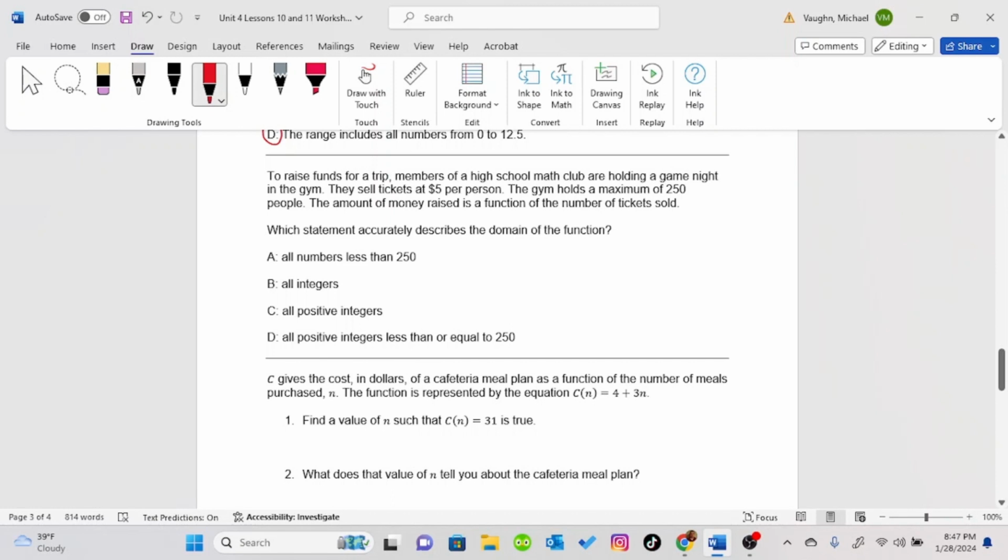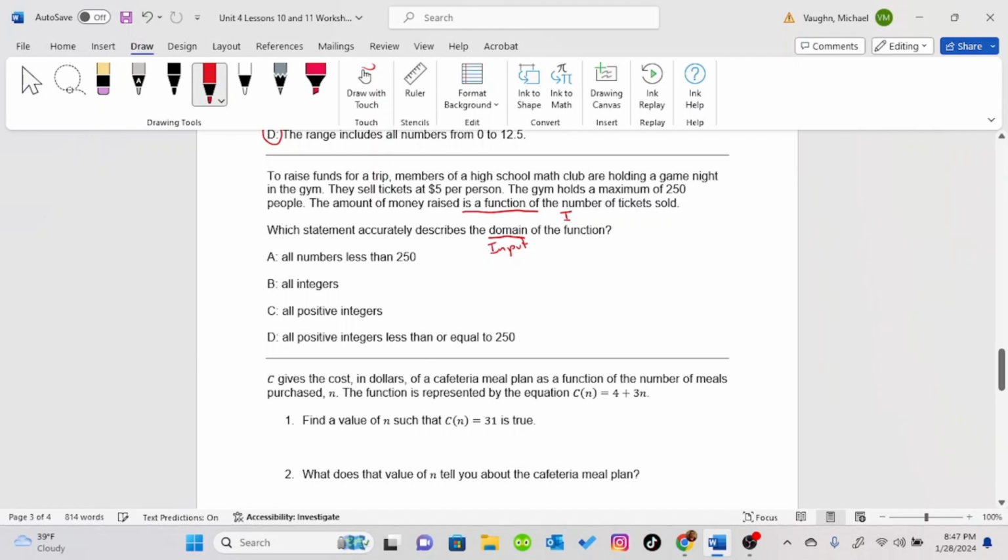So first we need to know they want domain, and domain means input. Then we need to remember when we see the words is a function of, the very next thing is the input.